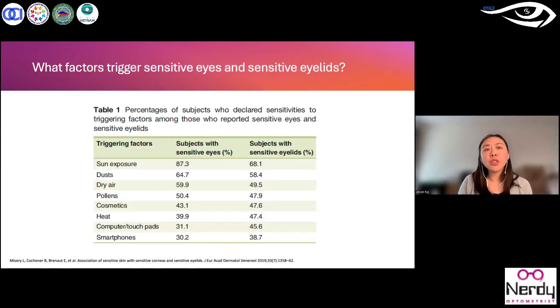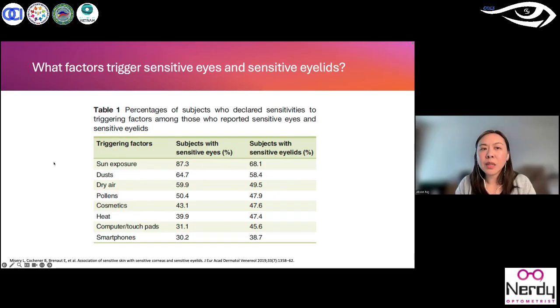Now, you do have some patients who talk about having sensitive eyes and sensitive eyelids, and this comes from a survey of people who had sensitive eyes and sensitive eyelids, looking at their triggers and what they feel causes their symptoms to first come on. And it's quite surprising that you see sun exposure so high up, in 87% of those reporting sensitive eyes and 68% of those reporting sensitive eyelids.